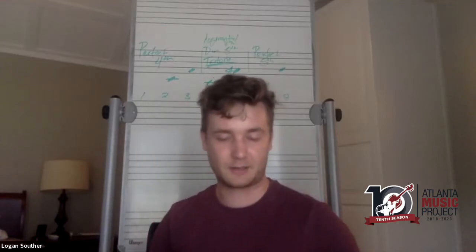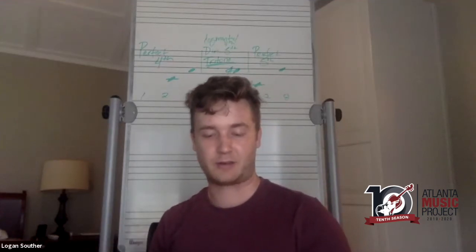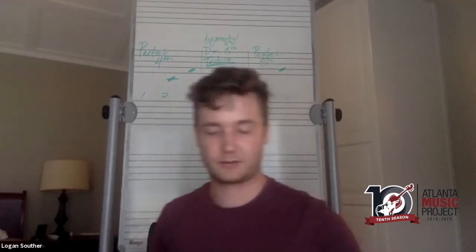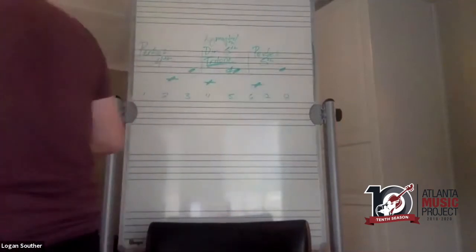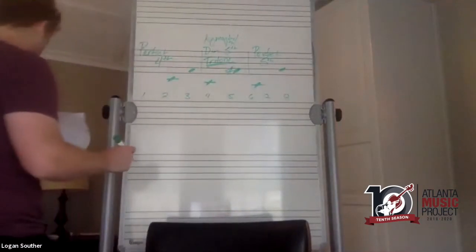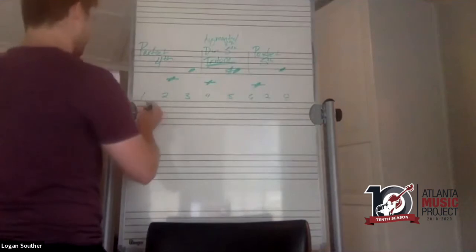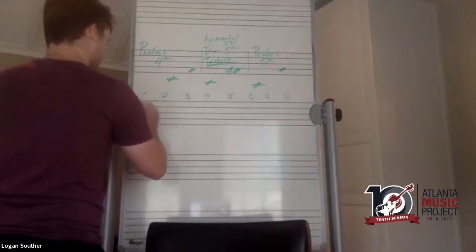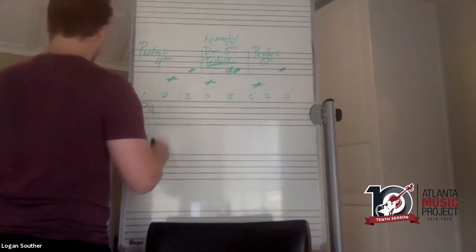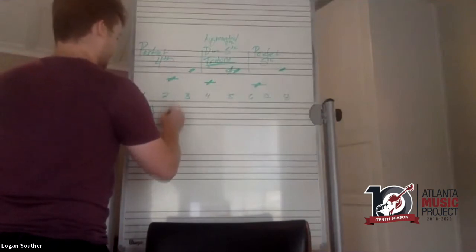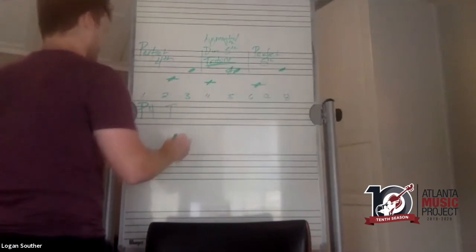All right, let us know how you did in the chat box. That might have been tricky. Those 3 intervals can be a little bit trickier than you might think. All right, number 1 was a perfect fourth. Number 2 was a tritone.